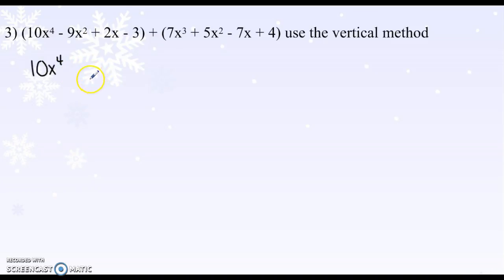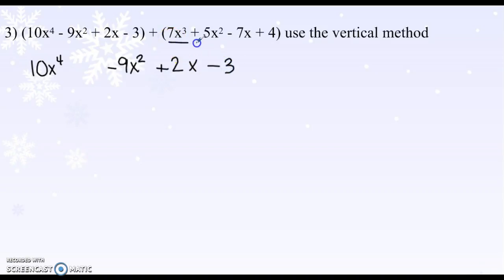I'm going to leave that gap for the x to the 3rd that's not there, and minus 9x squared plus 2x and minus 3.